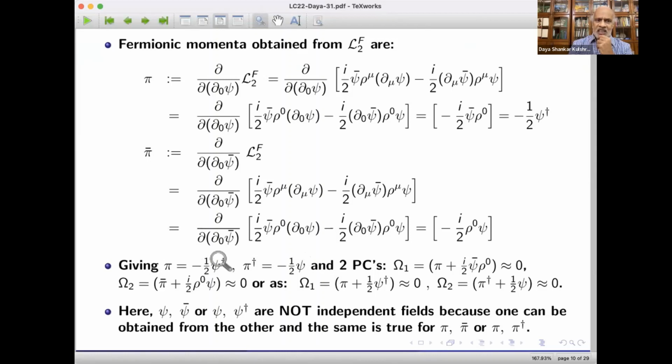And these two would lead to these 2 Dirac primary constraints involving rho 0 matrices and psi bar here and pi bar here. Okay, I can write them in terms of Dirac adjoints, psi dagger and pi dagger. So these 2 constraints could be written like this.